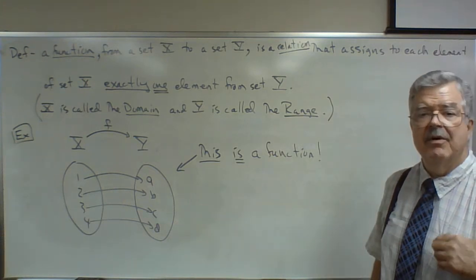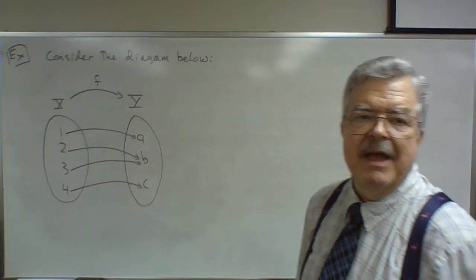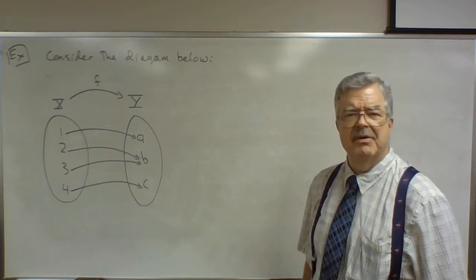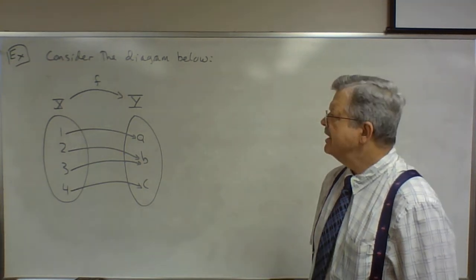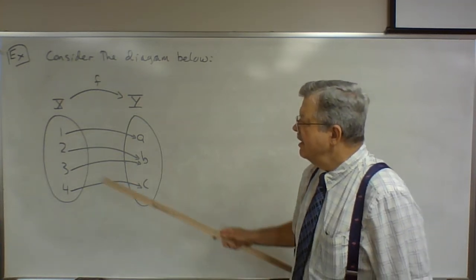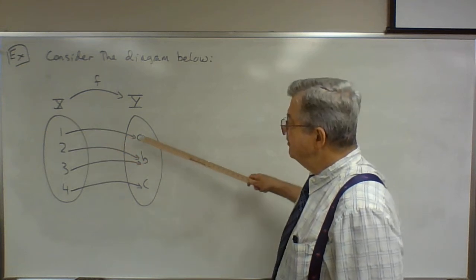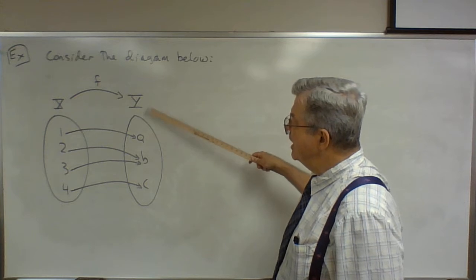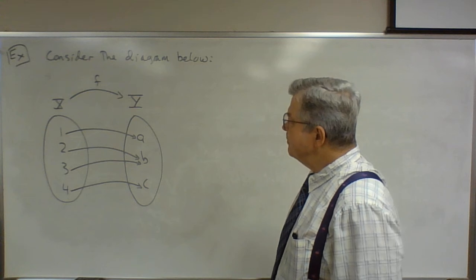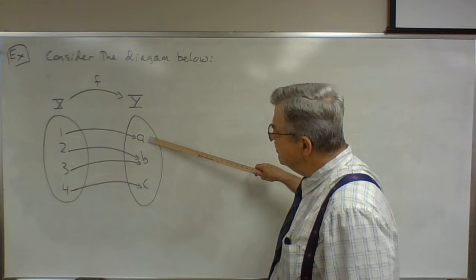Let's look at some more examples. New example. This one has a slightly different appearance than the one that we looked at before. Let's give it our careful consideration. The element 1 in set X, the domain, is assigned the element A from set Y, the range. So, element 1 is assigned exactly one element.